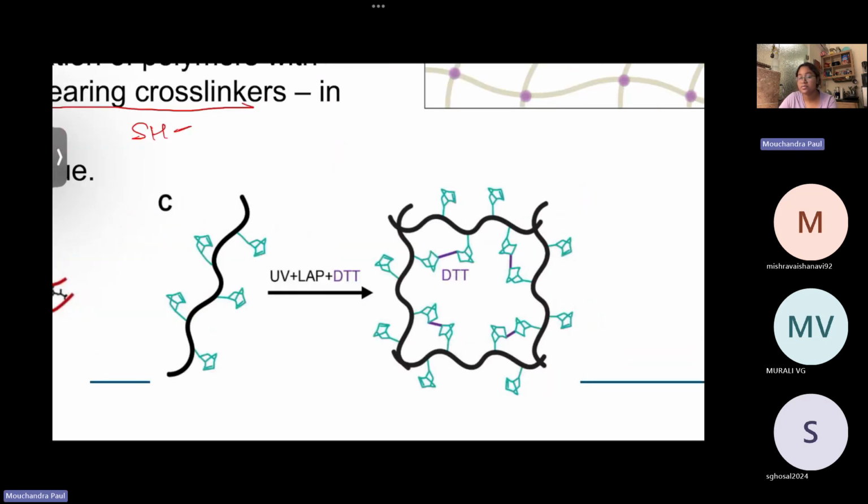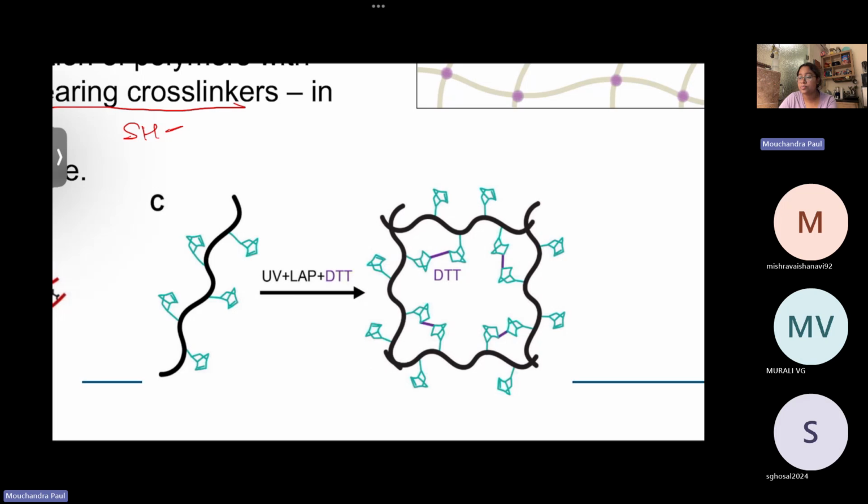The next example where there is thiol-ene reaction happening, here there are groups that are called norbornene groups. Okay, that are again hanging out from the backbone, in presence of UV light. Again, LAP is a type of photoinitiator, and in presence of DTT, this DTT contains the thiol group.